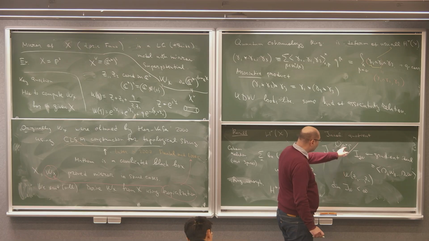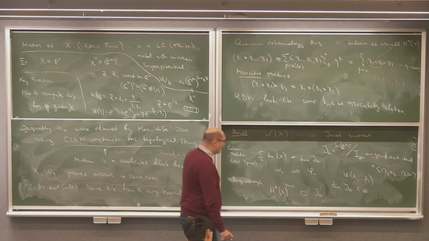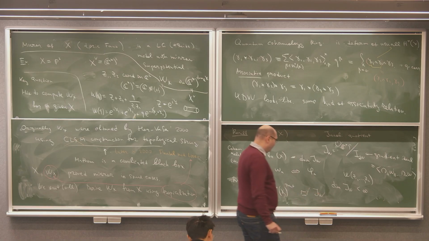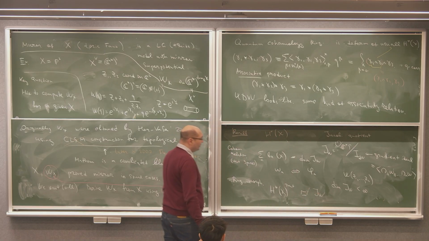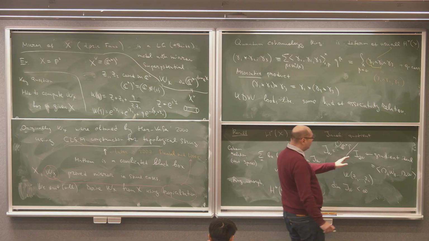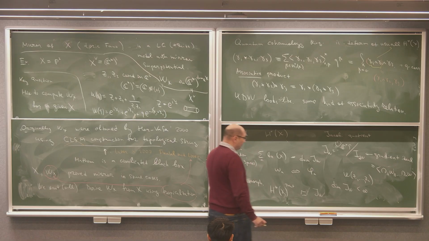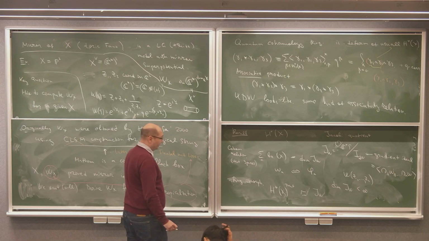So in this quotient ring we also have multiplication of classes, and the statement of mirror symmetry is that multiplication in the Jacobi ring is the same as multiplication in quantum cohomology.